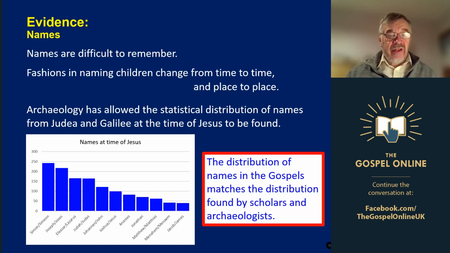So the fact that the distribution of names in the Gospels matches the distribution that the archaeologists and scholars have discovered shows that the Gospels match something in reality. It's the only way you could get that at the time, because they couldn't do the kind of statistical tests that we can do now.